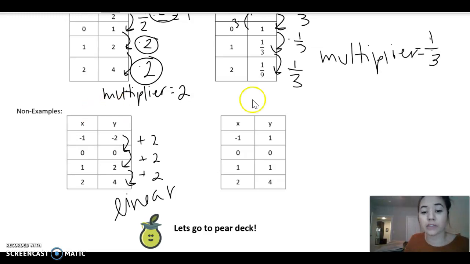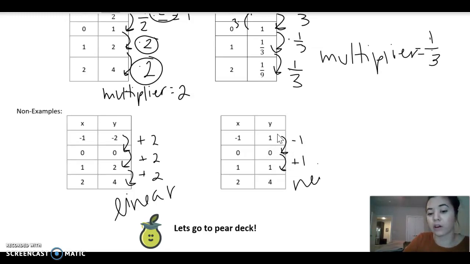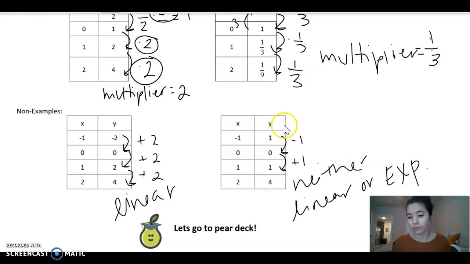And then finally, let's look at this one right away. Let's see, to get from 1 to 0, that's subtracting 1. Oh, but then we're going from 0 to 1, so now we're adding 1. So this one would be neither linear or exponential. So again, if it's easier for you to look at are things being added or subtracted first, do that.